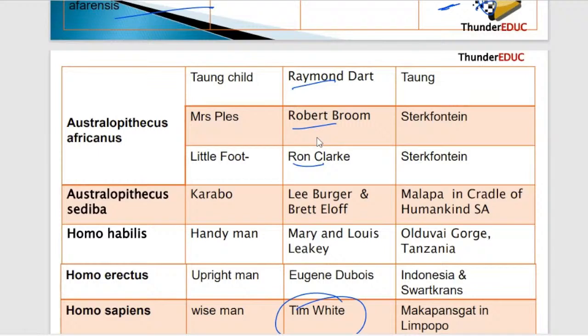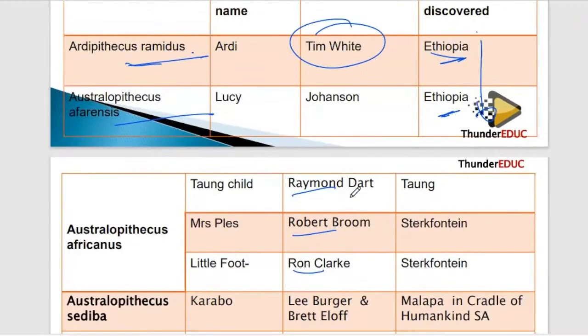So they cannot ask you about Taung child, Mrs. Ples, and then you start thinking about Lady Berger. All of them start with R. Taung child, Raymond Dart. It has the A.